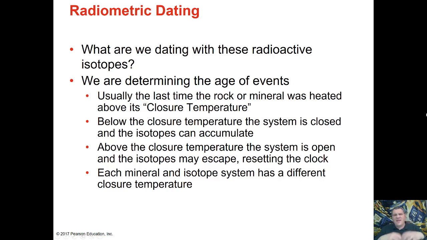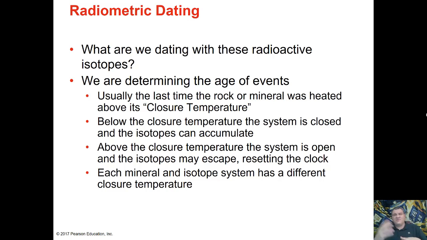Okay, so the idea is that we have a rock with these different isotopes inside. As the isotopes decay, if the rock is solid, then it will keep the products all together and we'll get a good ratio of parent to daughter and we can figure out how old it is. But if that rock heats up enough, then it will reset the clock.